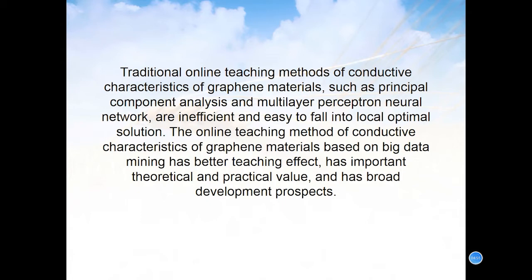The online teaching method of the conductive characteristics of graphene materials based on big data mining has better teaching effect, has important theoretical and practical value, and has broad development prospects.